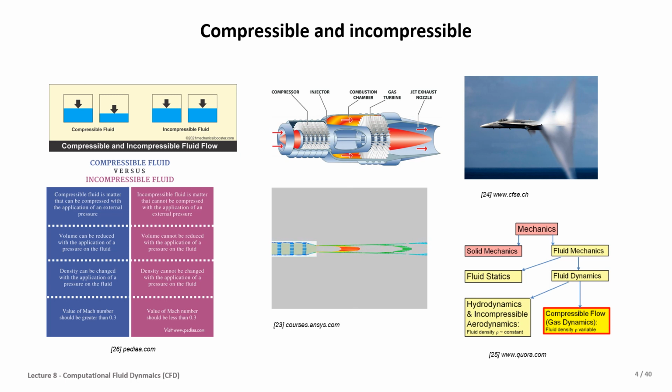Compressible and incompressible flow are also categorized in fluid dynamics. You can see in this flowchart that when there is a constant density, it is hydrodynamics and incompressible aerodynamics. And when we have compressible flow, or the gas dynamics area, the density is variable. You can see the presentation of a fighter passing the speed of sound, and this phenomenon is called the sound barrier.